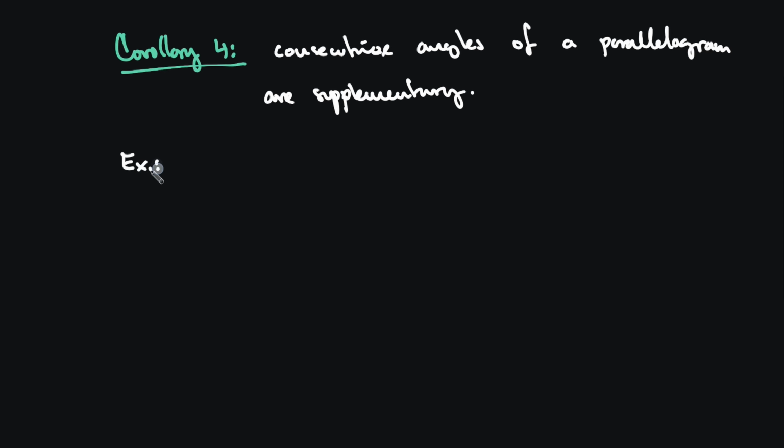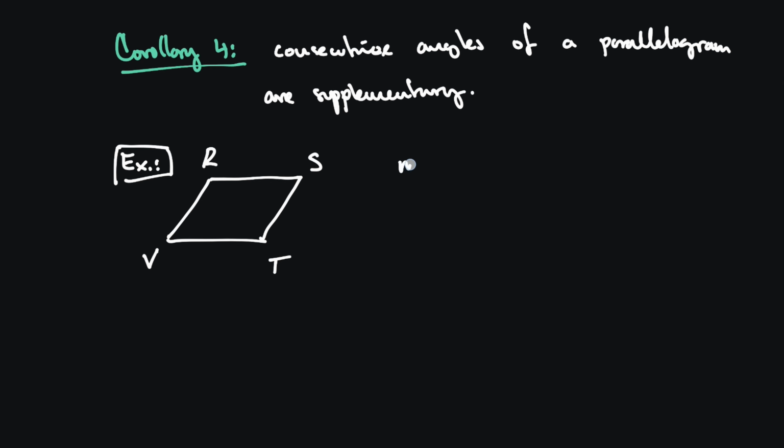So let's do an example, okay? Let's suppose that we have this parallelogram, called RSTV, okay? And we know that the measurement of angle S is equal to 42 degrees.